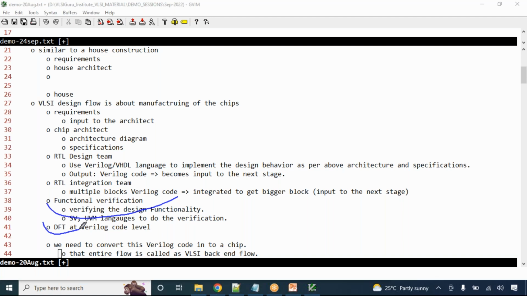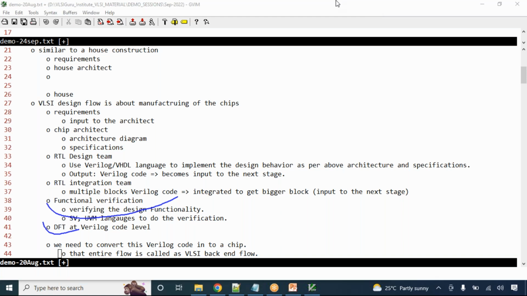When you go a little deep into DFT, because there are some people who have come for the DFT demo session, I'll just give a brief about what DFT is. DFT is the technology which is used for detecting the manufacturing faults in the chip.